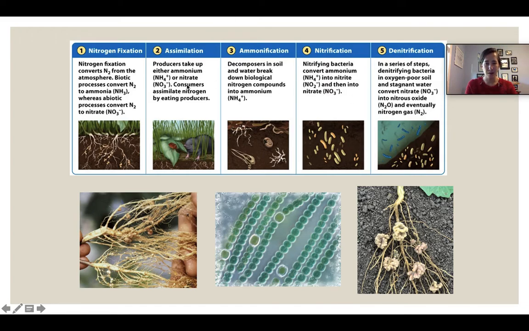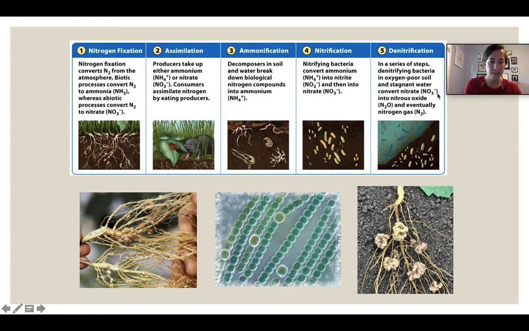Nitrification, all of these processes here happen in oxygen-rich environments. So all of these happen in the presence of oxygen, whereas denitrification is happening in anaerobic conditions, oxygen-poor conditions. So that could be in soils that are really compacted, that don't have any oxygen underneath. It could be in stagnant water. So in these oxygen-poor environments, denitrification is happening.